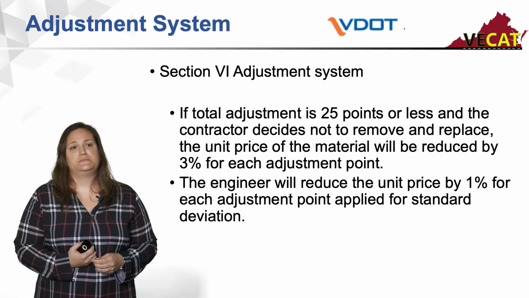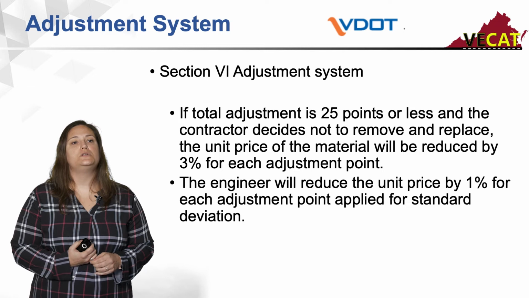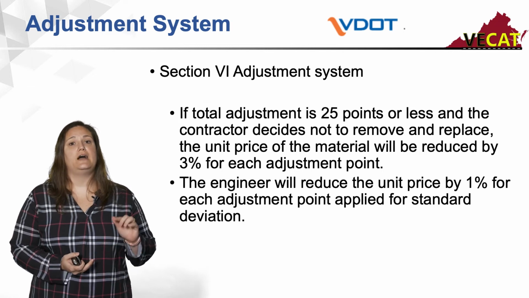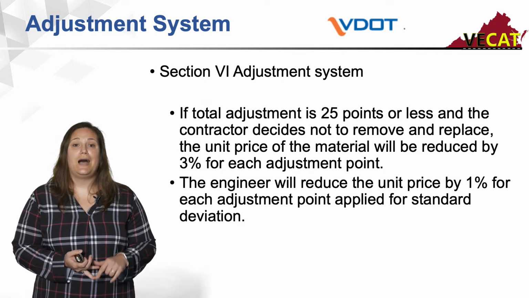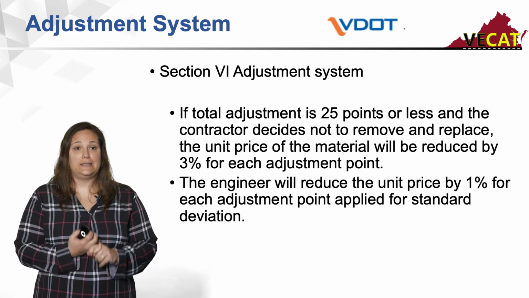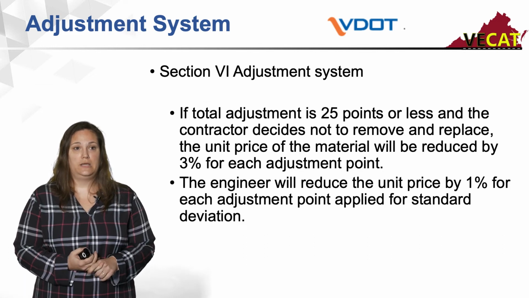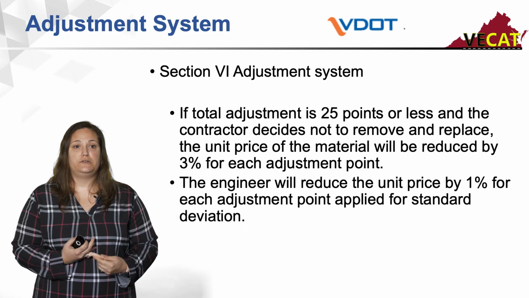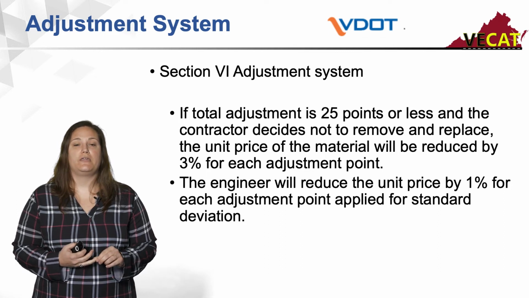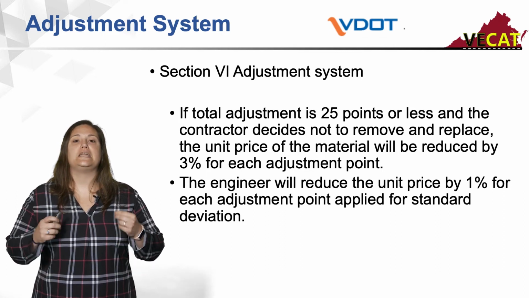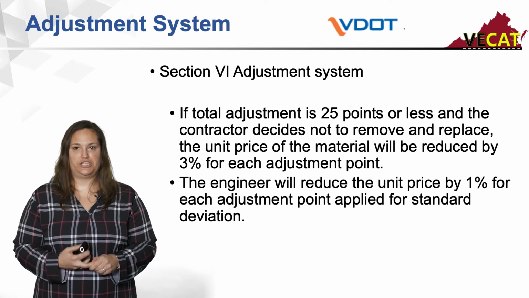That is an adjustment system. If total adjustment points are 25 or less, and the contractor doesn't decide to remove and replace, the unit price of material will be reduced by 3% for each adjustment point.